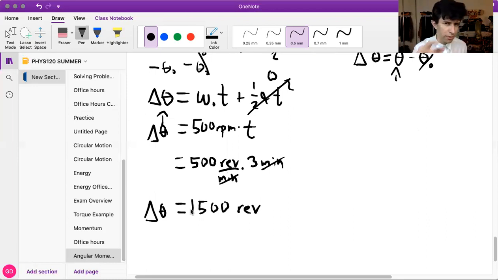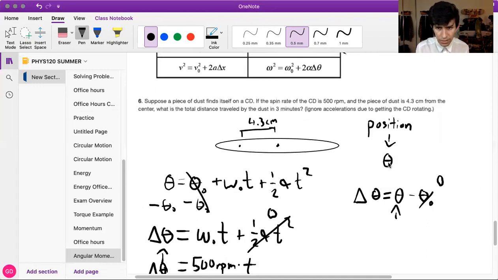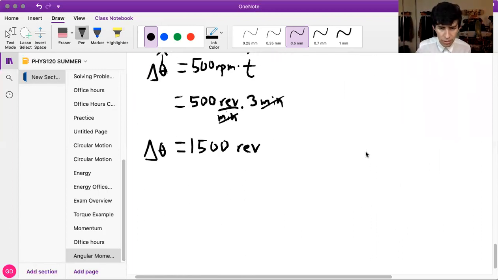So now that we're here, this is the answer we want to get to. We got this. So we need to now go from theta to position. How do we do that? So remember those equations we talked about like last week or 2 weeks ago? I forgot.